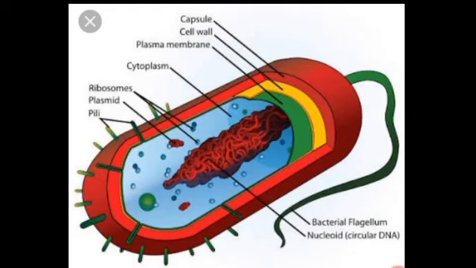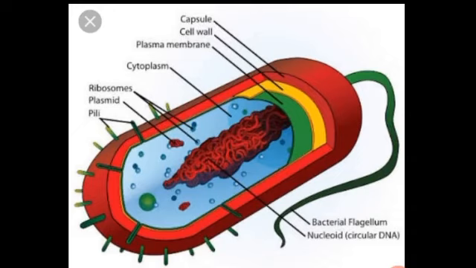Always remember the cell wall is permeable for water. It allows only water to pass through it, but it does not allow larger molecules of protein to pass through. You can see the cytoplasm also there, the fluid inside the cell.